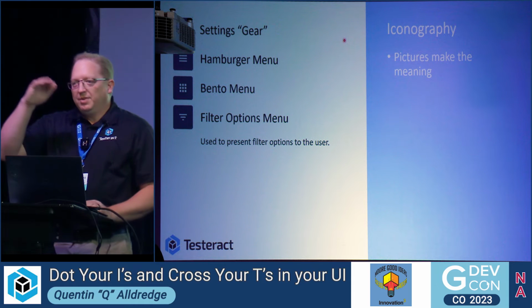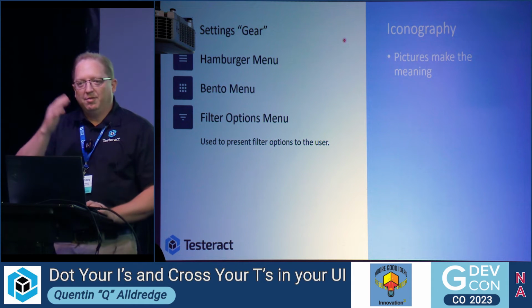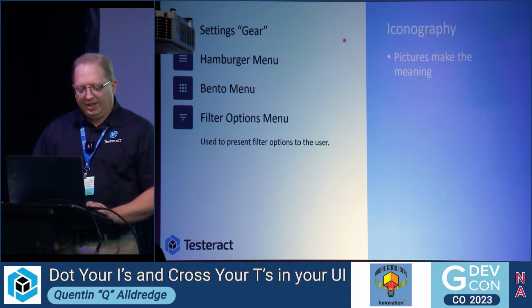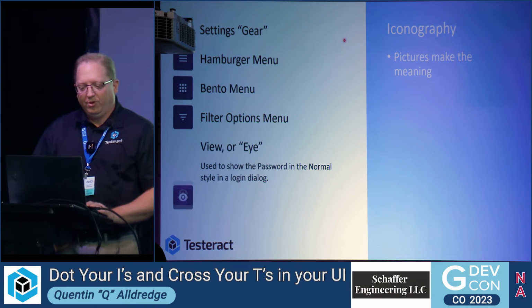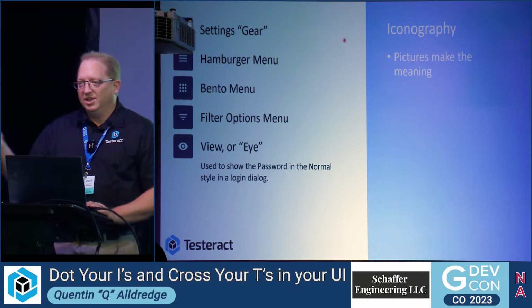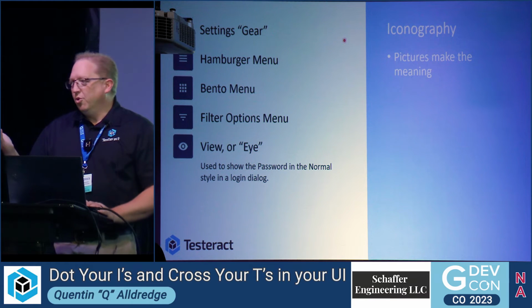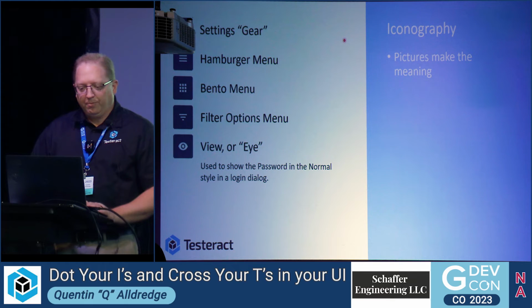Filter options, if you want them to be able to filter data, have the button look like this, because that's what most people are used to. The view or eye, if you want to hide or toggle the view of something, for example, toggling passwords to show the normal string versus the password string.